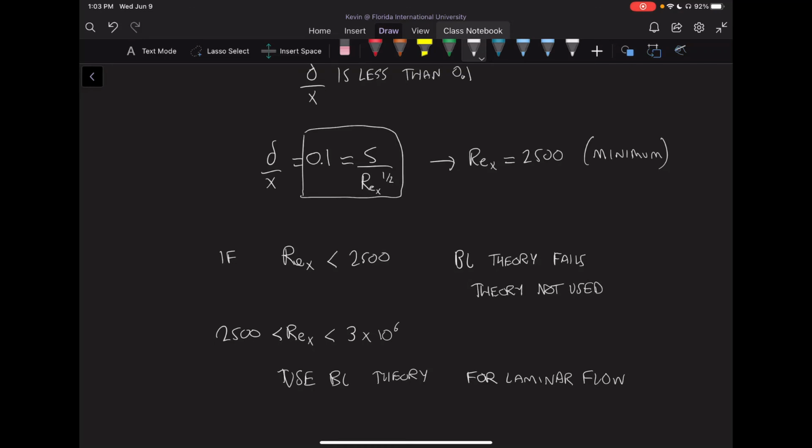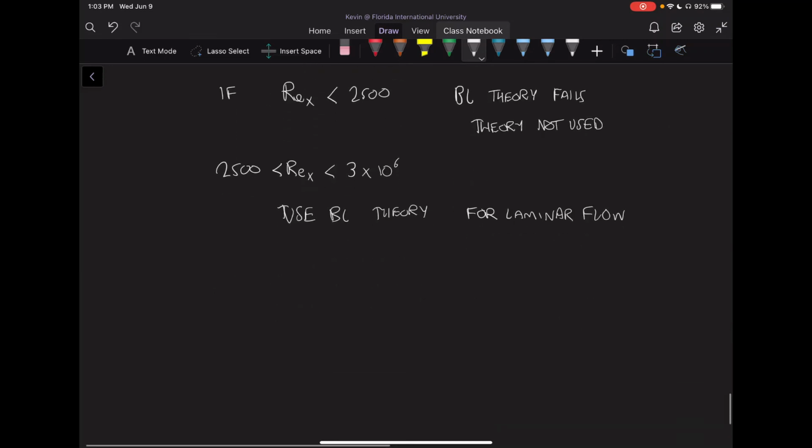And upwards of 3 times 10 to the 6, the Reynolds number is much larger, and we do not use the laminar boundary layer theory anymore. Okay, so let's look at the next thing, which is displacement thickness.